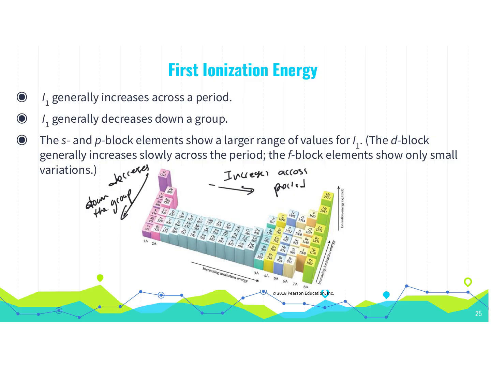Right, and so this trend is the opposite of atomic radius. Right, and so as the radius is decreasing across the period, the first ionization energy is increasing, right? Your radius is getting smaller, those electrons are getting closer to the nucleus, and it's becoming harder and harder and harder to remove those electrons from that outer shell.